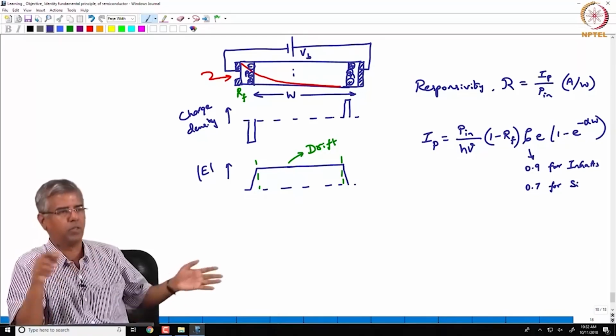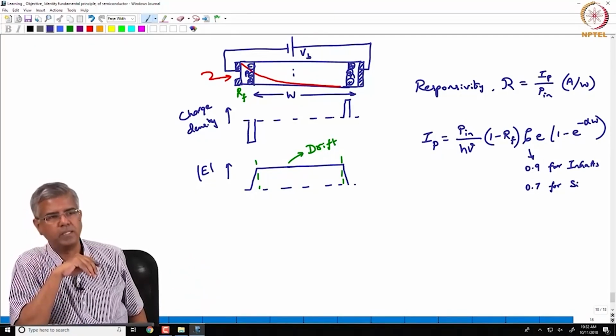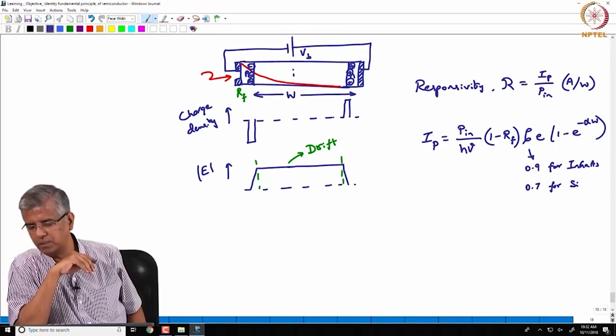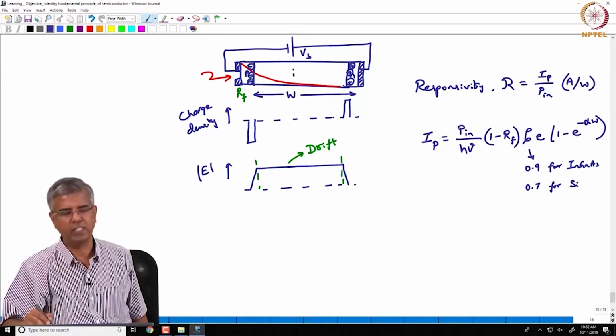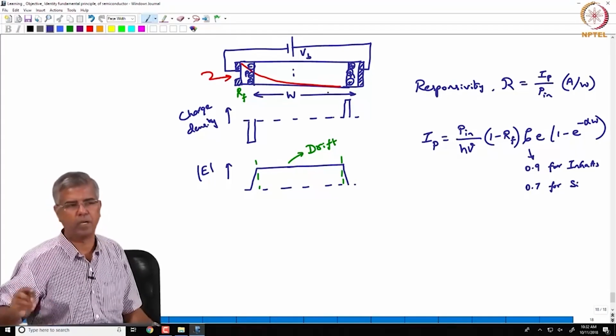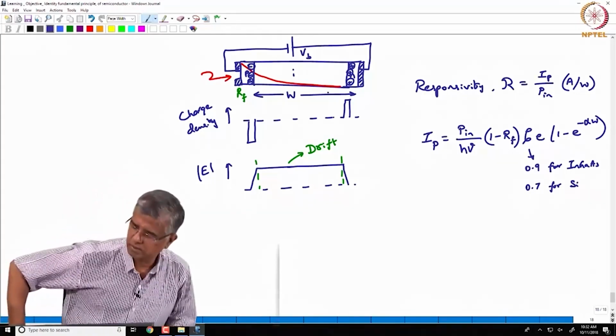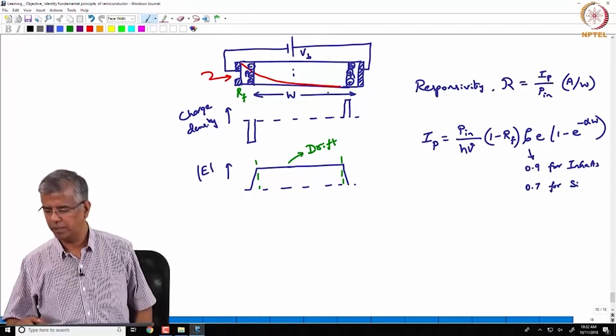If W is the width of your structure, e power minus alpha times W is the fraction of power that you have at the end of the device. So, the power absorbed will be 1 minus e power minus alpha W. Okay.